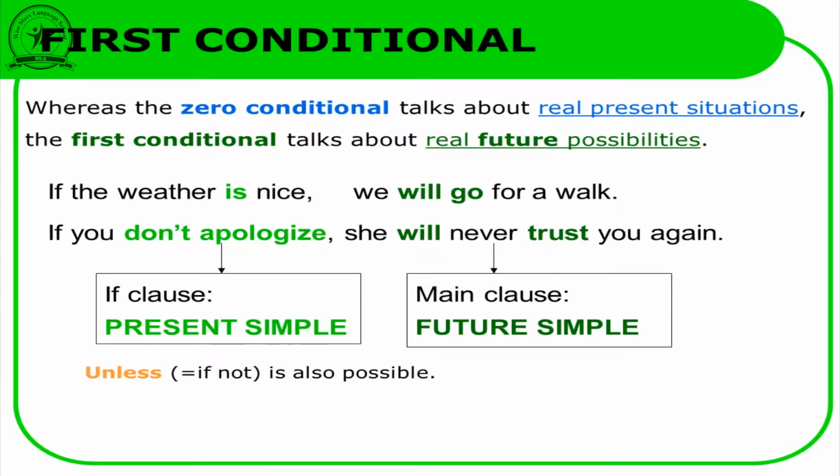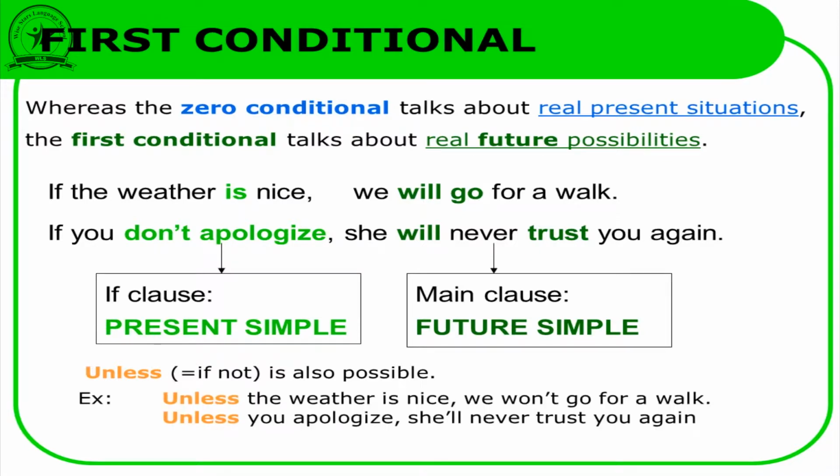So how can we transfer a sentence using if into unless? Examine the following sentence. We are going to apply unless on the first sentence. If the weather is nice, we will go for a walk. Unless the weather is nice, we won't go for a walk.